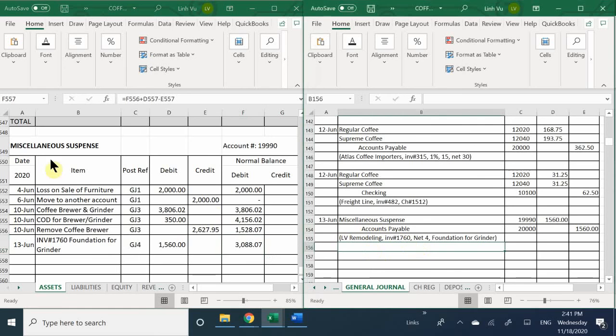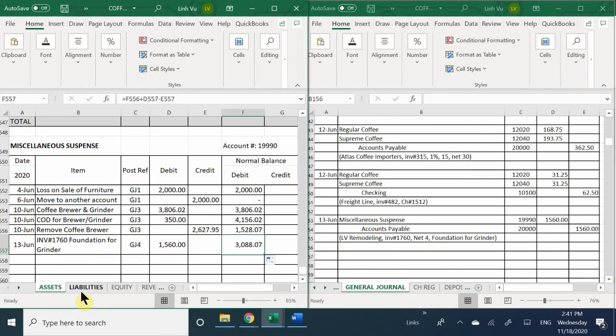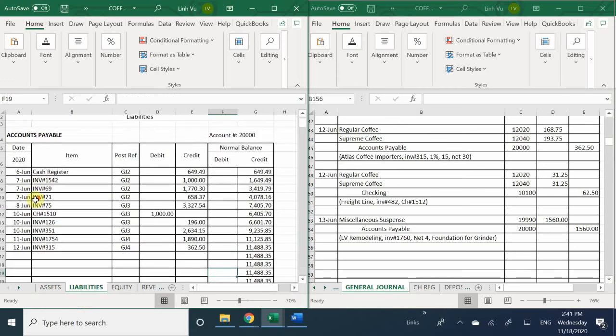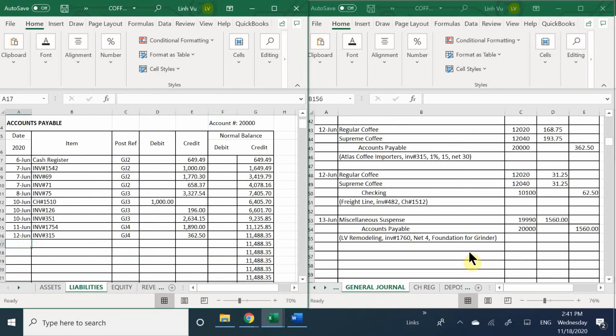Okay. And now that it's here in miscellaneous suspense, I'm going to go ahead and update my liabilities for the coffee grinder, of course, for the foundation. So 613, invoice number 1760, general journal number 4.